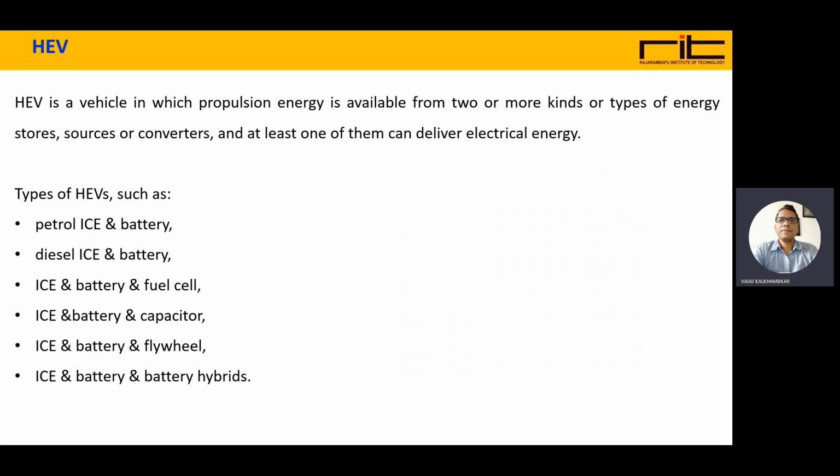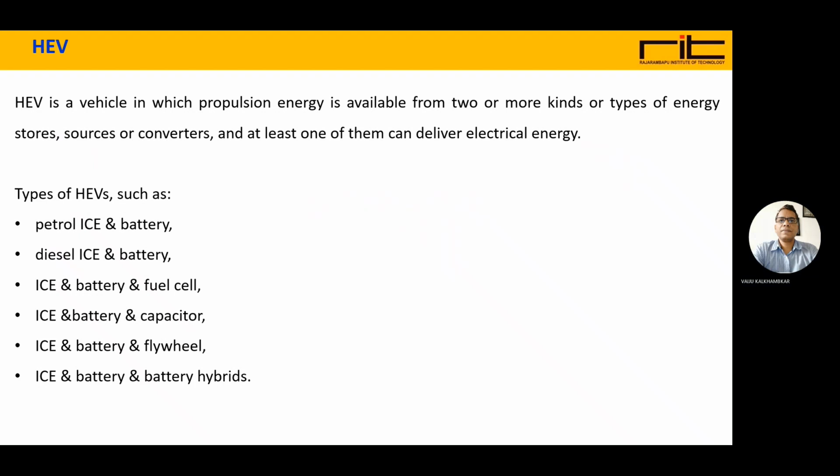It can be petrol IC engine and battery, diesel IC engine and battery, IC engine, battery and fuel cell, then IC engine, battery and supercapacitor, battery and flywheel, and IC engine, battery and battery hybrid with IC engine can also be there.